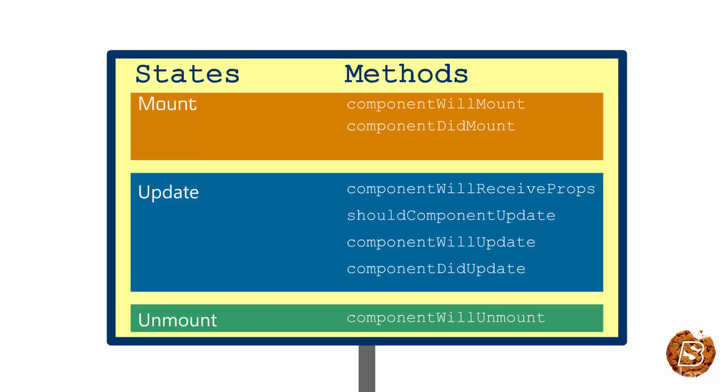If shouldComponentUpdate returns false, then render will be completely skipped until the next state change. In addition, componentWillUpdate and componentDidUpdate will not be called as well.